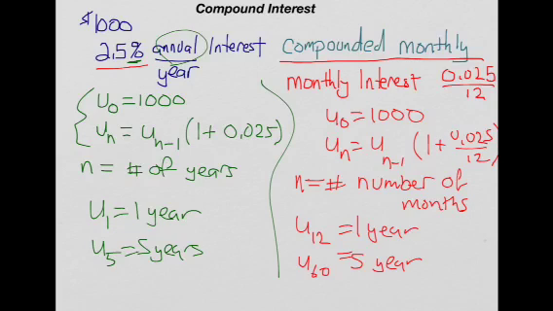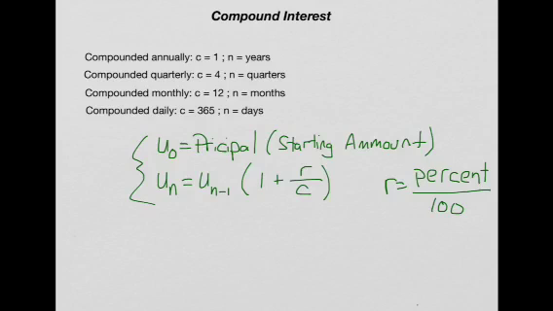So it's vitally important, when you're compounding interest and breaking that interest into parts, to realize what n stands for. Then when we're trying to find out what we have at a certain time, we can use this sequence correctly. The most common periods of compounding are annually, which is 1 time a year; quarterly, which is 4 times a year, or once a quarter; monthly, which is of course 12 times a year; and daily, which is 365 times a year.